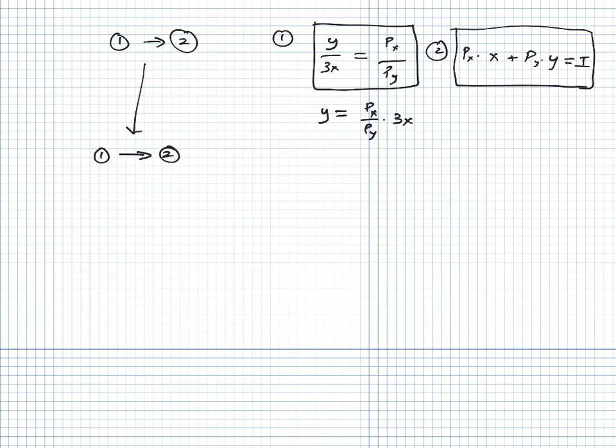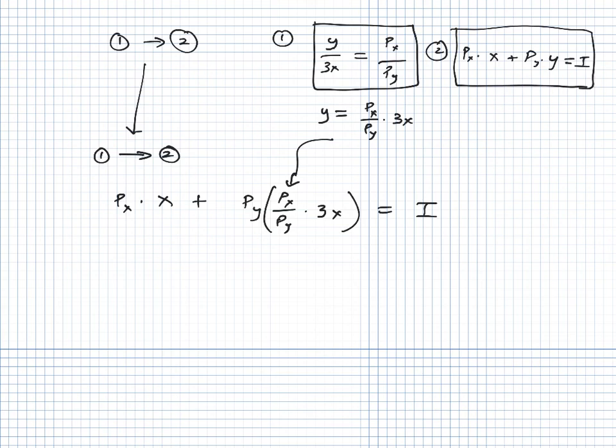And in order to do that, I'll use the rewritten version of equation 1, so that I'm going to have px times x plus py. And now I'll use that rewritten version of equation 1. So that I'll have px over py times 3x plugged in for y, and then that's all equal to I.